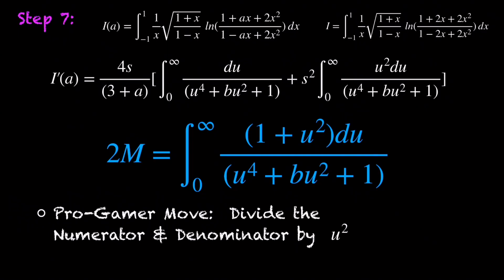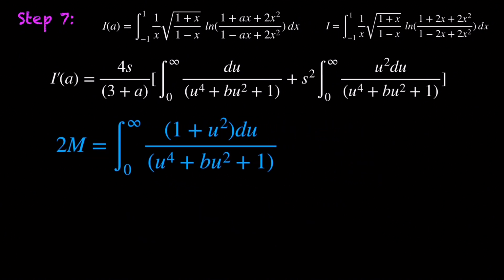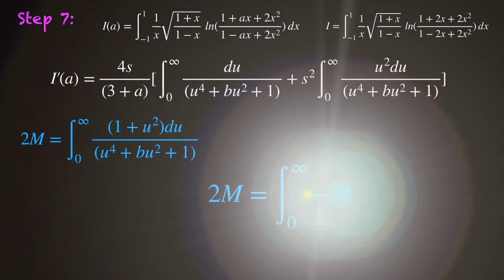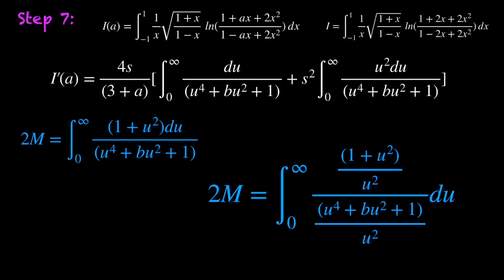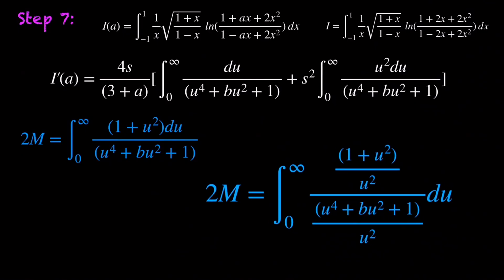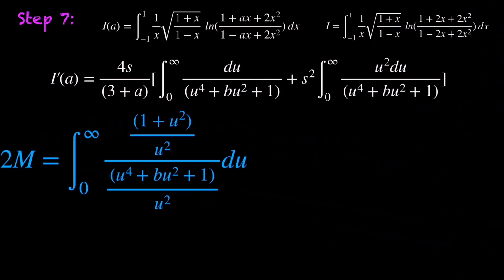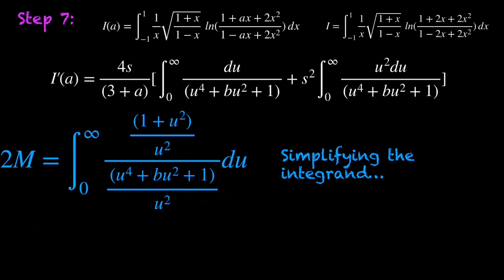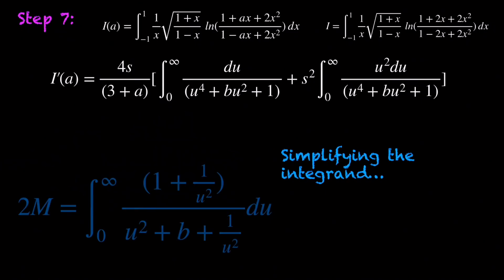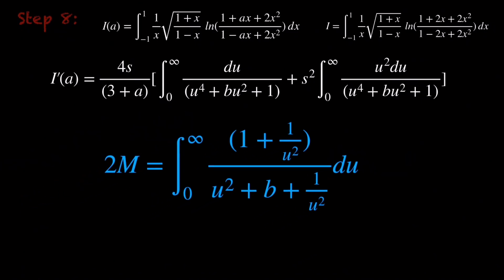Divide both the numerator and denominator by u squared. 2M then becomes this integral, and of course simplifying the integrand, we get this integral.